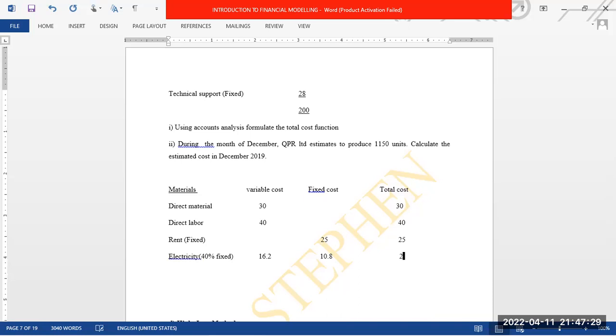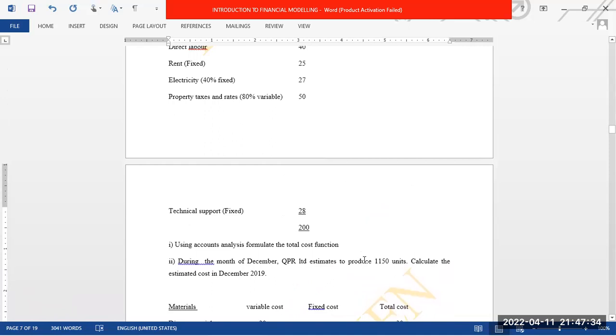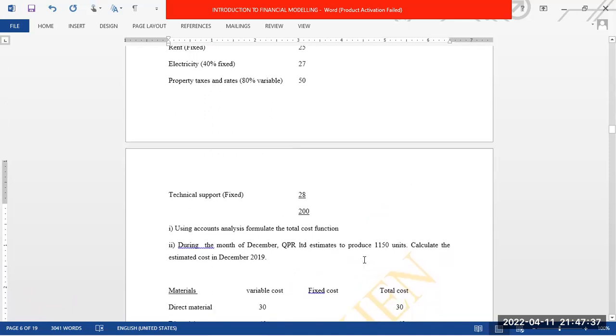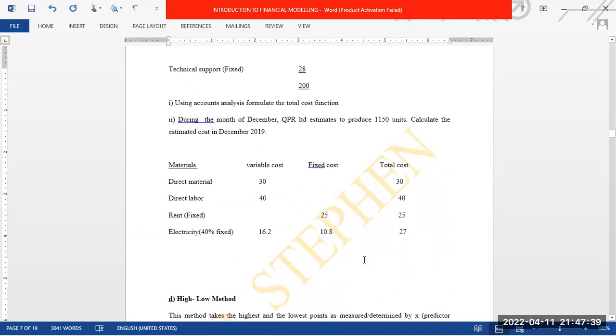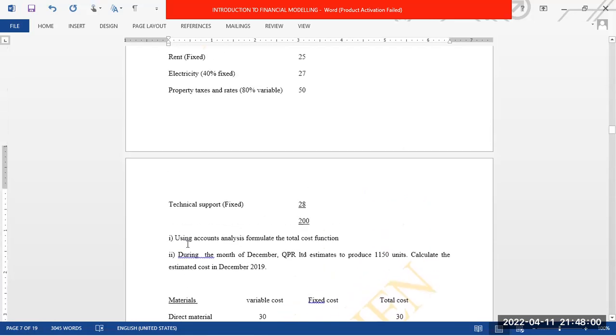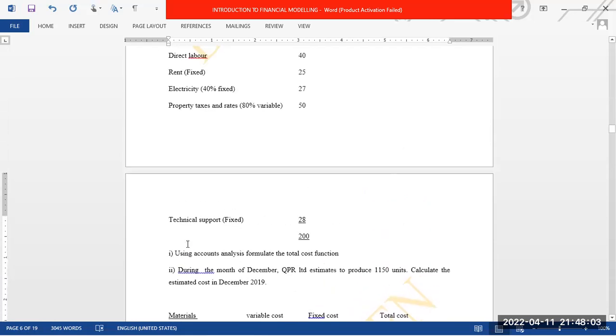So here should be 27. We are still continuing. We have property taxes and rates and technical support. We have been told property taxes and rates are 80% variable.